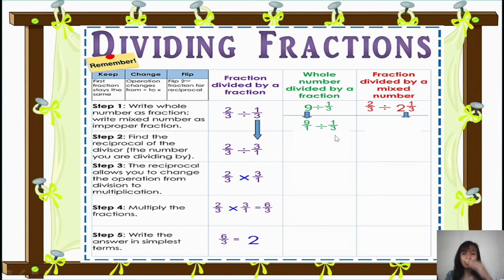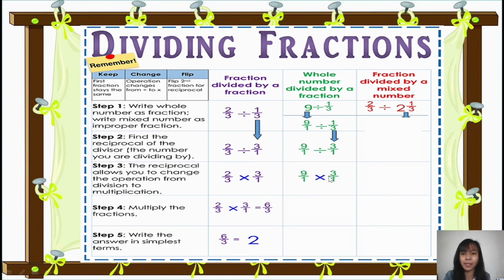So again, copy 9 over 1 and then switch. From 1 over 3, it becomes 3 over 1. And then after you get the reciprocal of the divisor, go to multiplication.